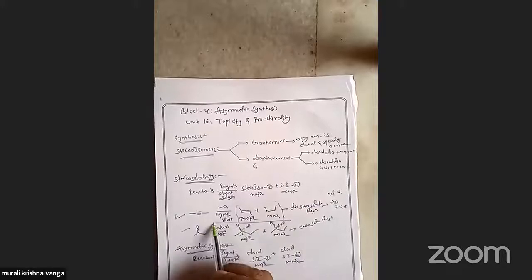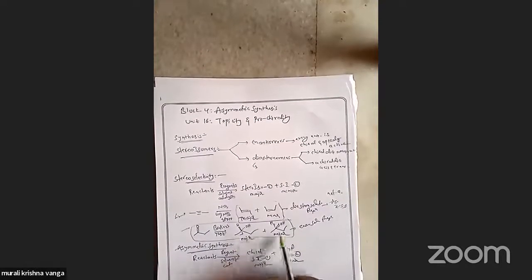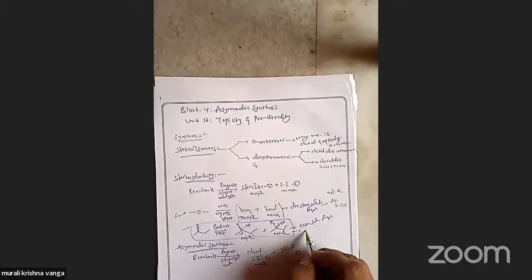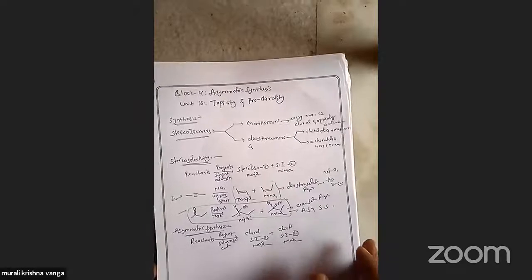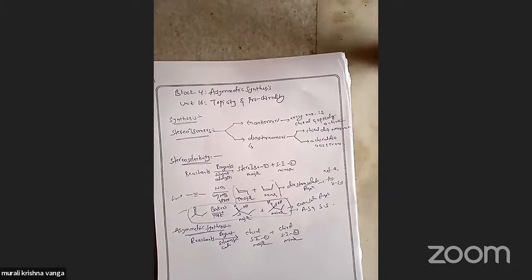In this example, the products are chiral stereoisomers, therefore it is an asymmetric synthesis as well as a stereoselective synthesis. Any chemical reaction which produces an unequal amount of stereoisomers is a stereoselective reaction. All asymmetric reactions are stereoselective reactions, but all stereoselective reactions are not asymmetric synthesis.